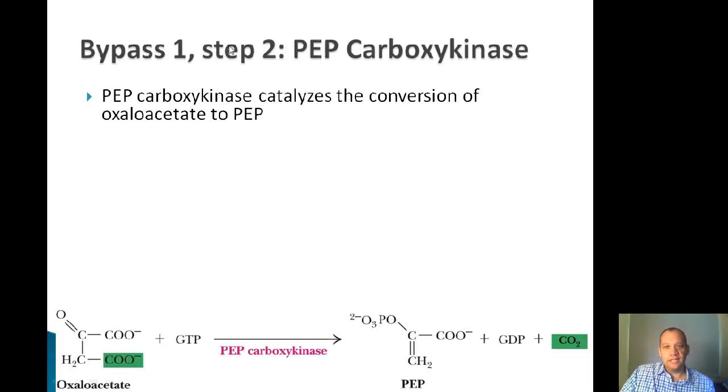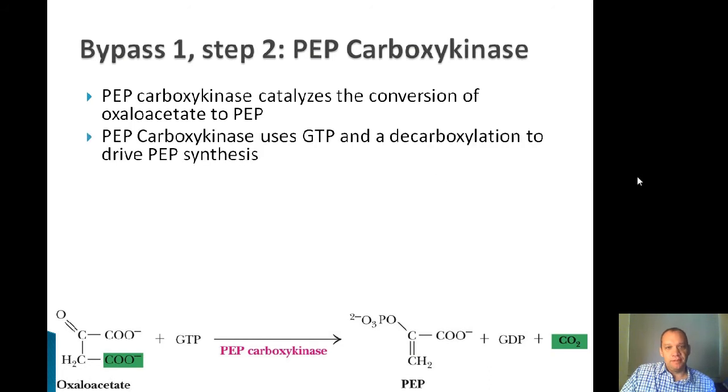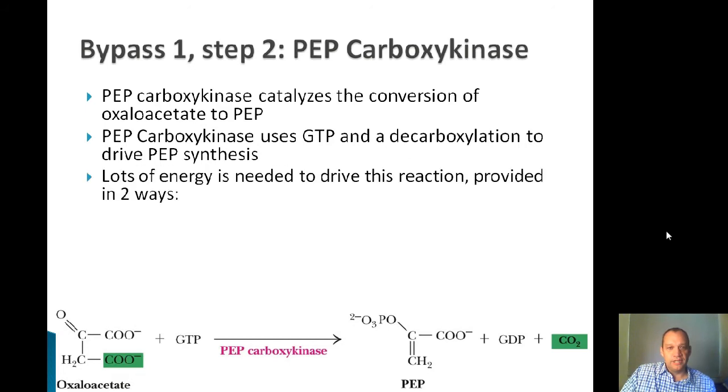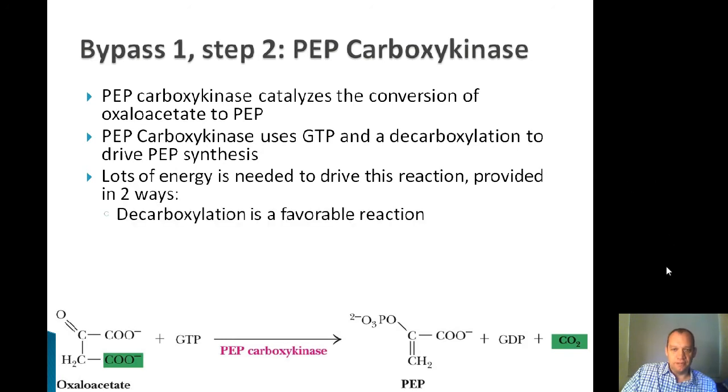The second part of bypass 1 is the PEP carboxykinase, or PEPCK enzyme, that catalyzes the conversion of oxaloacetate to phosphoenolpyruvate. So the PEPCK uses GTP and a decarboxylation to drive the synthesis in the forward direction. So lots of energy is needed to drive this reaction forward, and it's provided in both of those ways, both by the spontaneous decarboxylation, which is a favorable reaction.